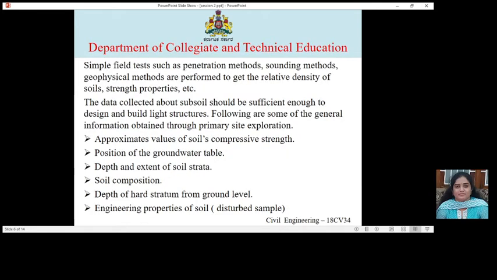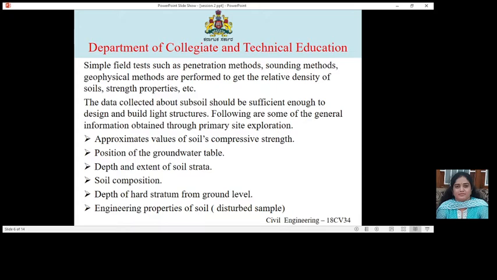Simple field tests such as penetration methods, sounding methods, geophysical methods are performed to get the relative density of the soil, strength properties, etc. So the data collected above should be sufficient to design and build light structures.